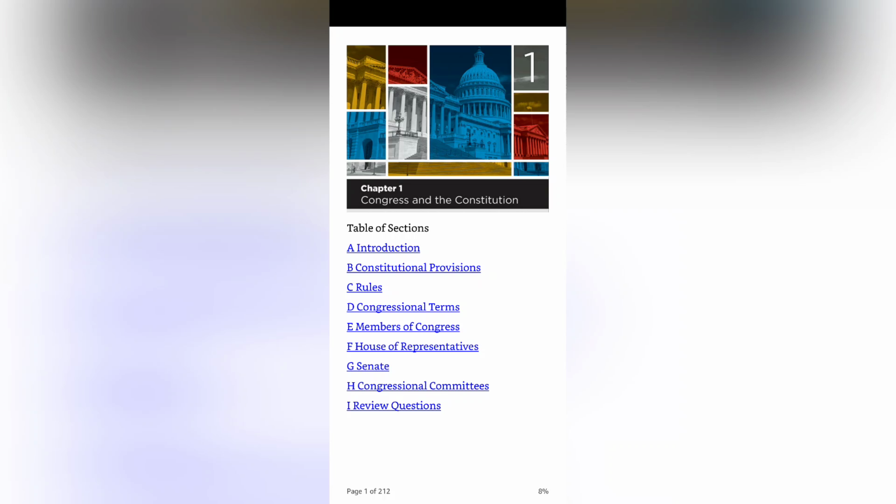The founders had high hopes for Congress. They understood that a strong legislature is fundamental to a healthy democracy. At the same time, they feared a central government that was too powerful.